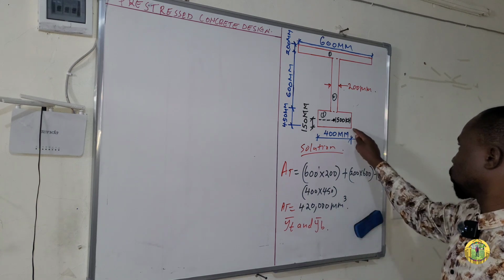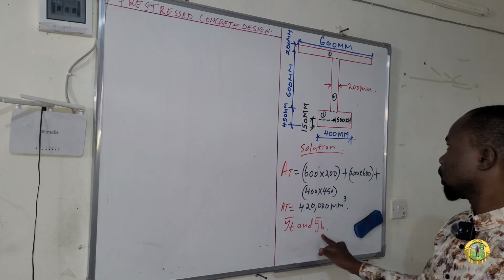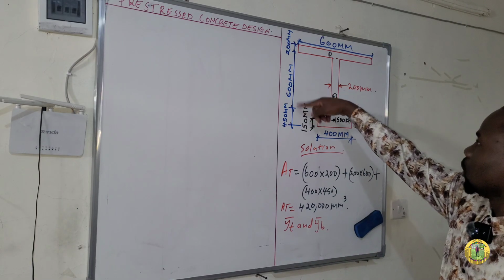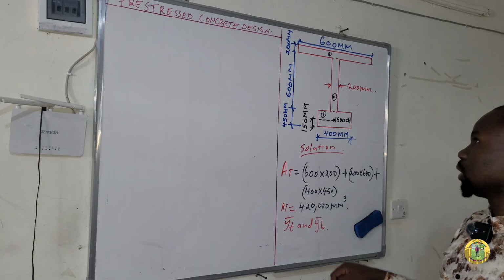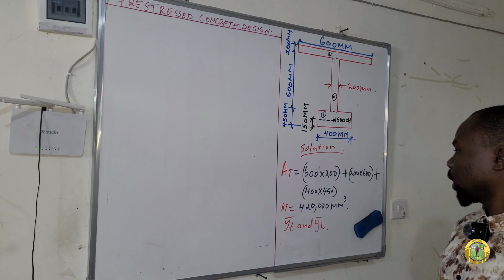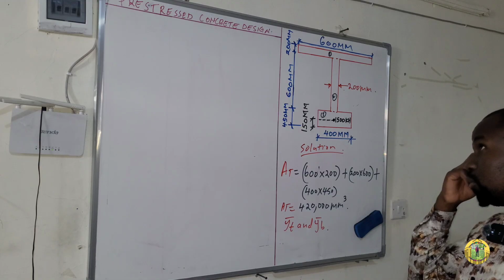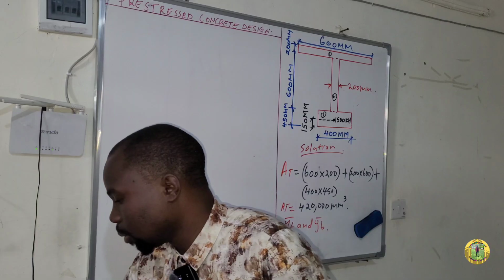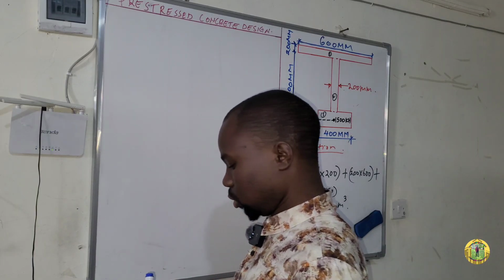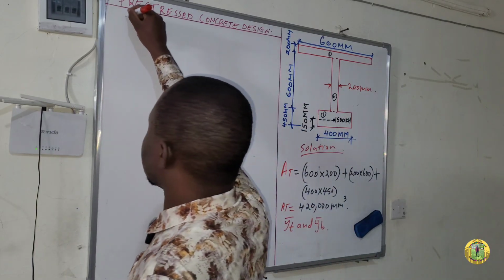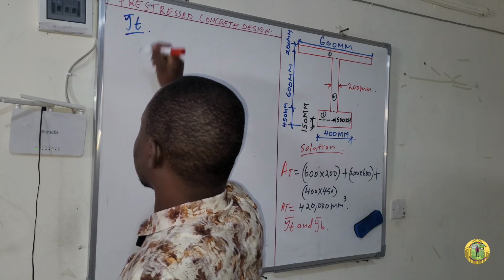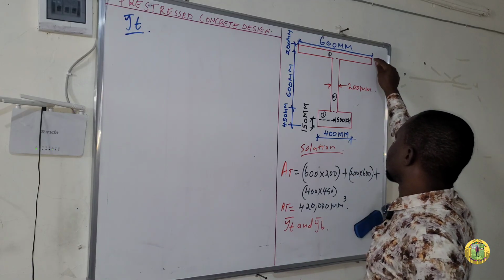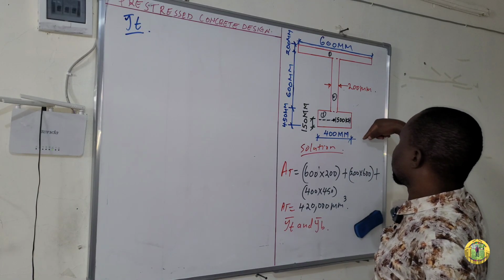Or you can start from the bottom, and then the value of y bottom will be subtracted from the depth of this section, and the result will give you y top. So I want to begin from the top. So y bar top.